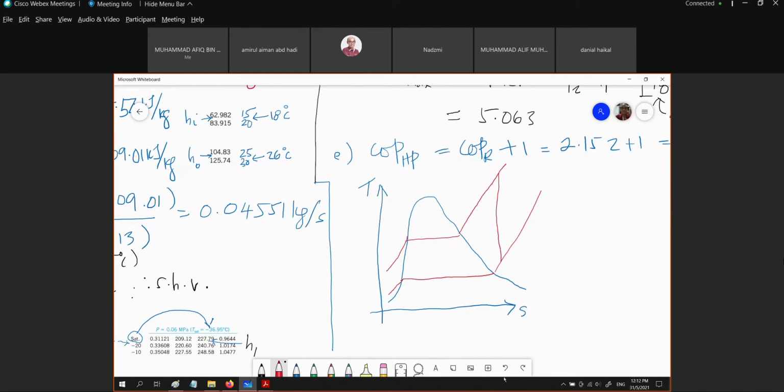Let us look at the process at the compressor. Is the compressor adiabatic? Is our compressor adiabatic? Guys, is our compressor adiabatic? Adakah kita punya compressor tu adiabatic? Tak ada kan?